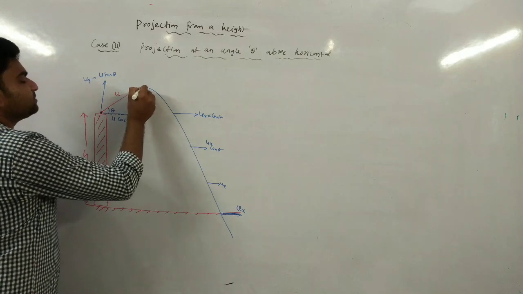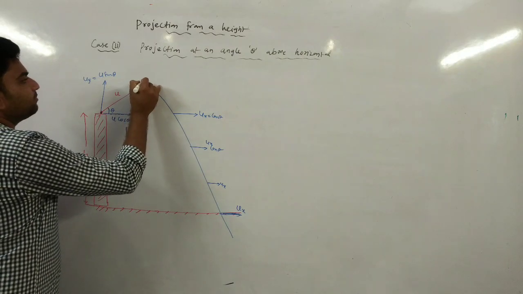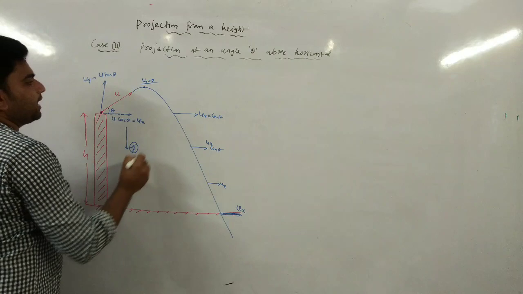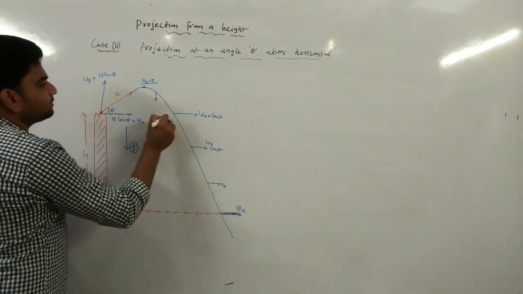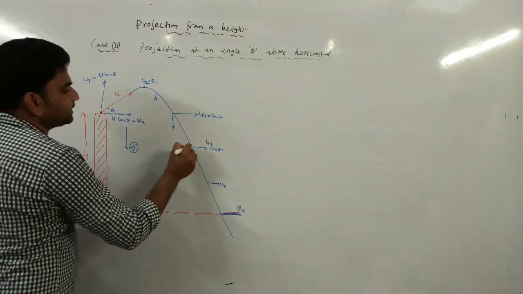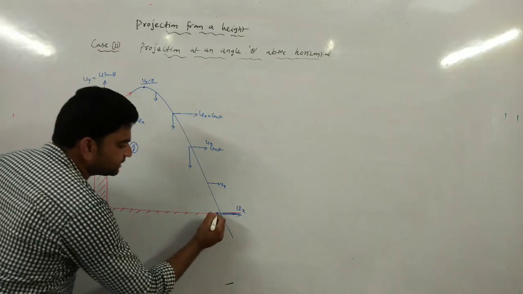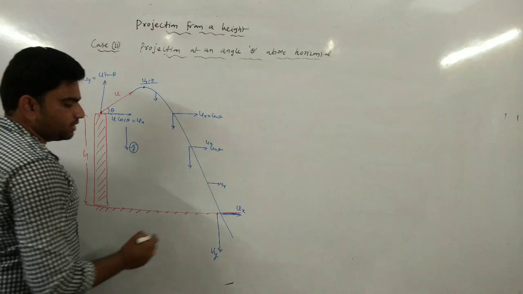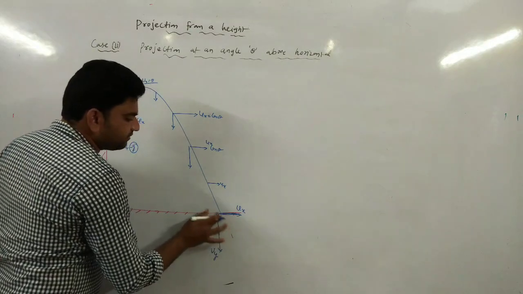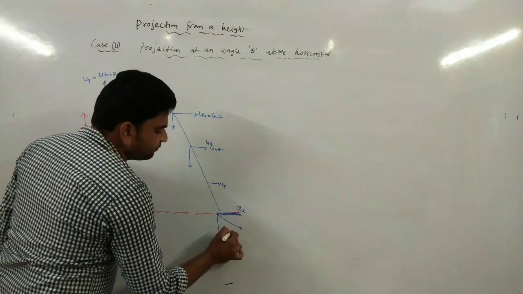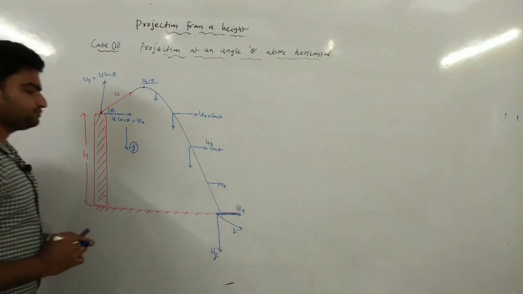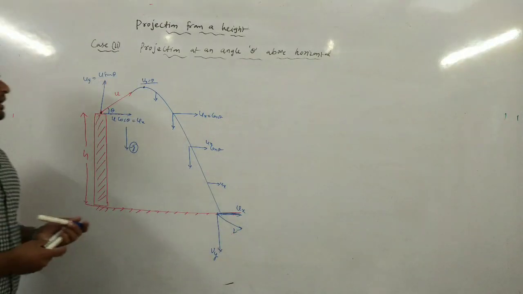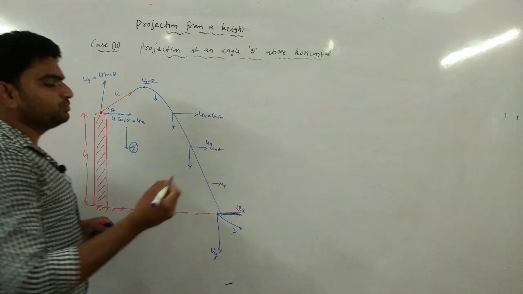As it reaches this particular maximum height, my vy value becomes 0, and later it starts increasing, and finally it is maintaining some velocity here, that I am considering as vy. And as it is having some vy and vx, we are supposed to calculate the v value, right?